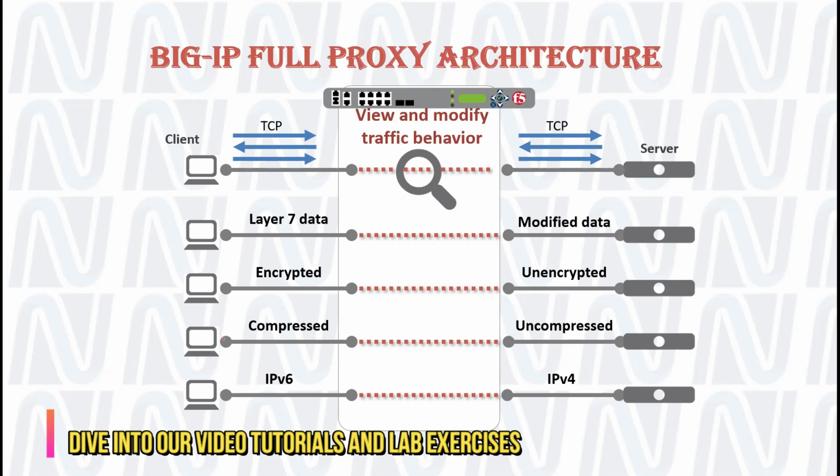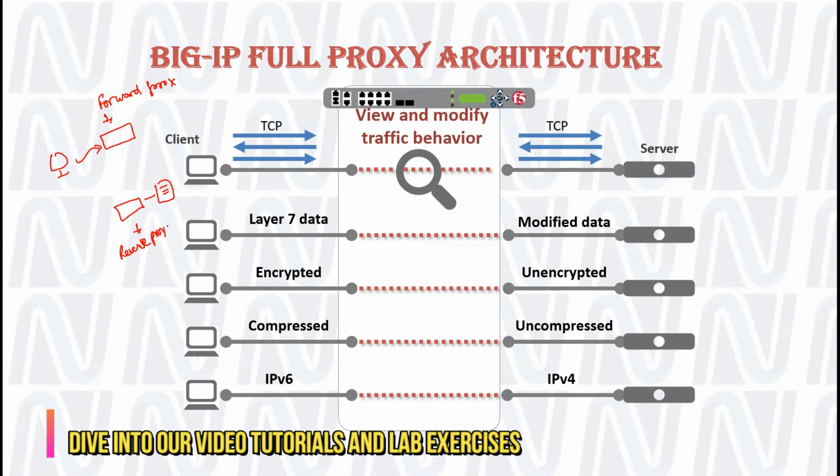So full proxy is nothing. You try to understand that if you are putting it on the client side, something nearby the client side, it will be a forward proxy. If you are putting the same device on the server side so that you can hide your server network or everything, it will be a reverse proxy.